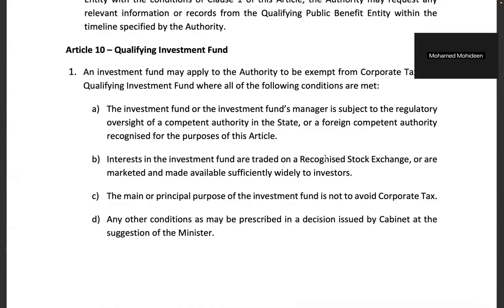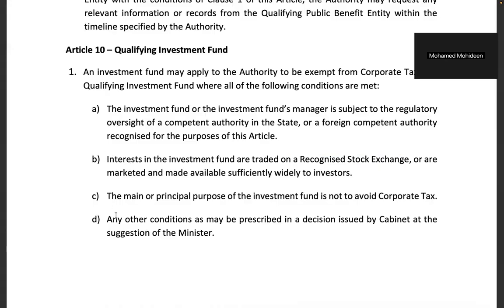Rather than saying publicly available, which does not exactly reflect the meaning of the corporate tax law, use this word, traded on a recognized stock exchange. Or are marketed and made available sufficiently widely to the investor. Fine. So these are two initial conditions.